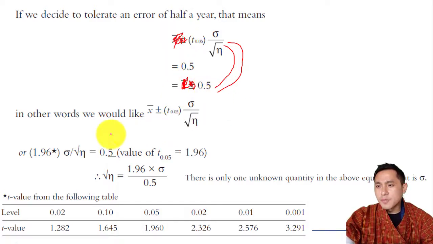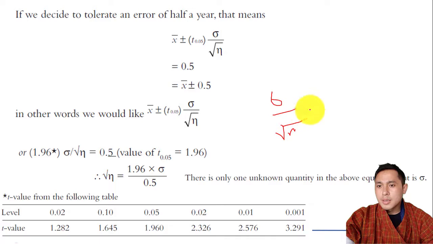So if this is 0.5, then t 0.05 times sigma divided by the square root of n is equal to 0.5.